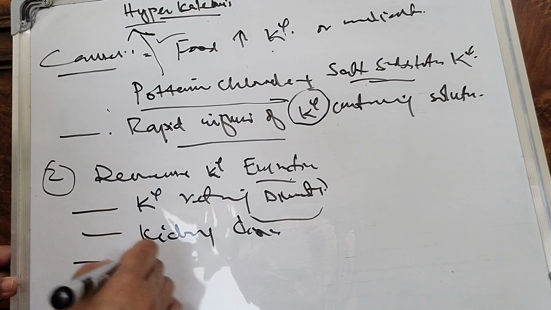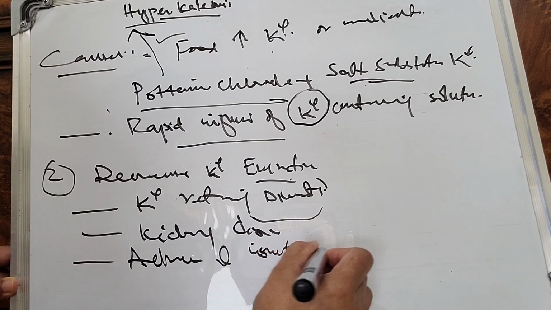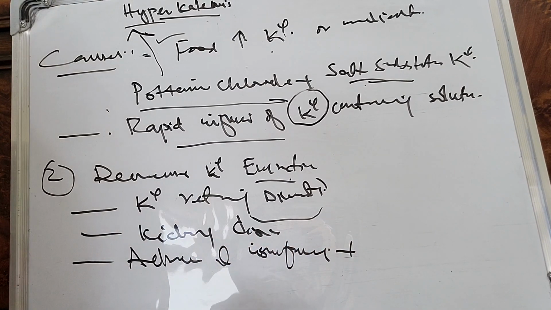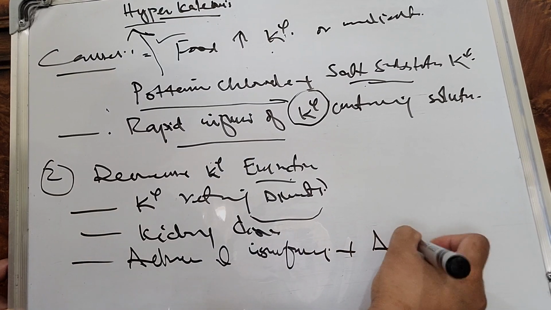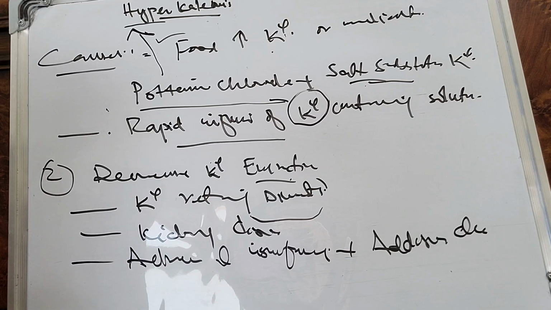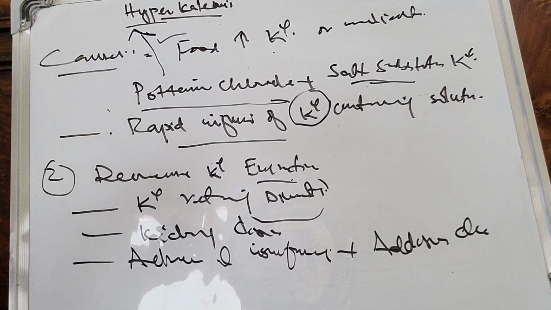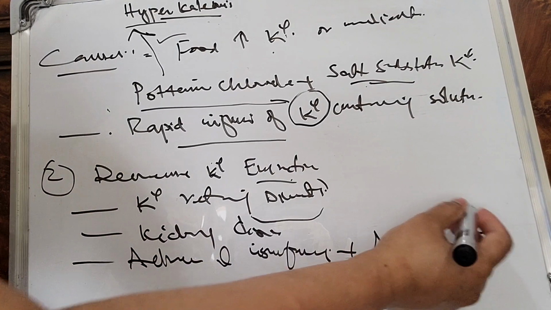Adrenal insufficiency, for example Addison's disease. Yesterday, in hypokalemia, we read about Cushing syndrome, and in hyperkalemia, Addison's disease.